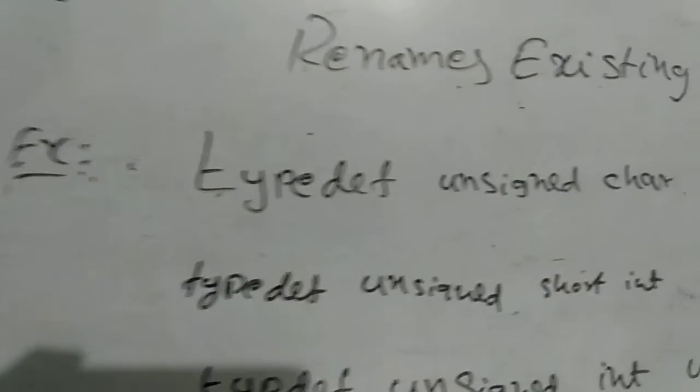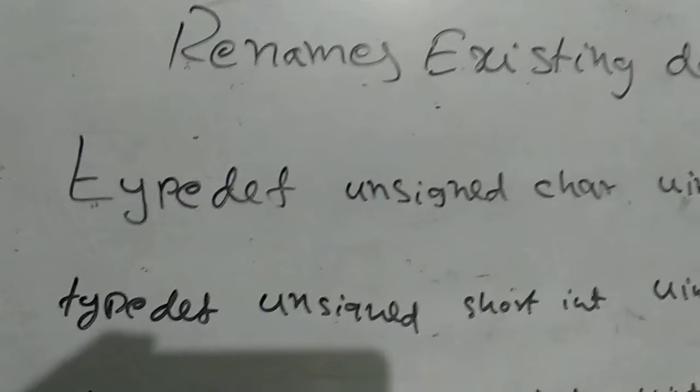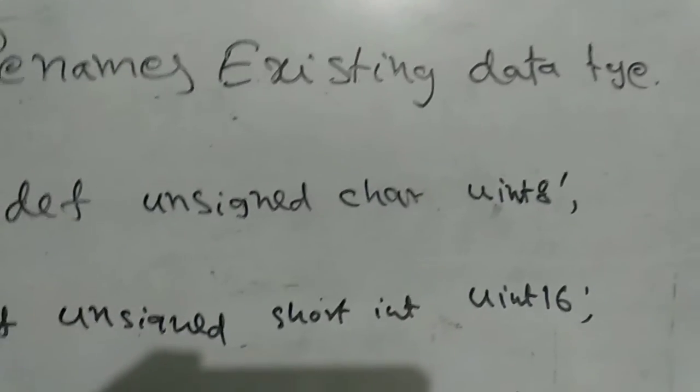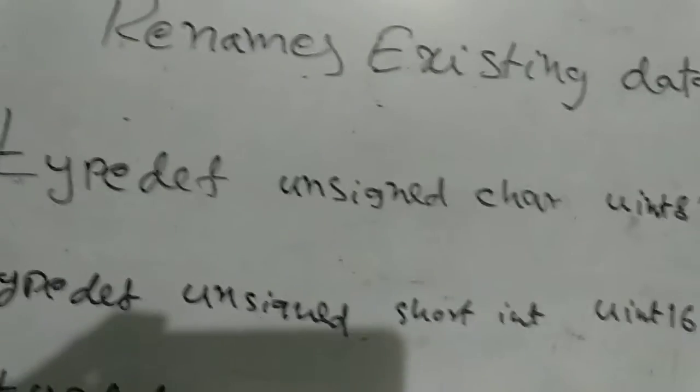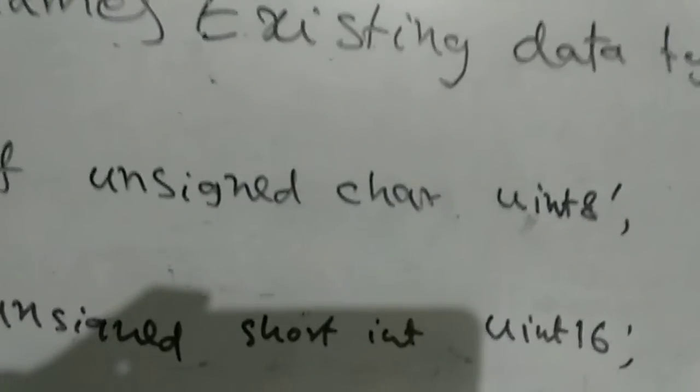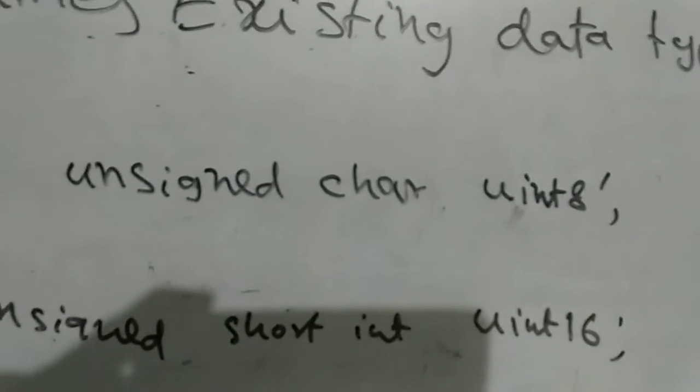For example, let us see the real-time usage of the typedef storage class. typedef unsigned char u_int8. I have no need to call unsigned char every time. Here I will call u_int8 in my programming.